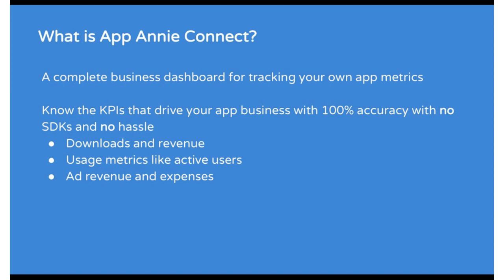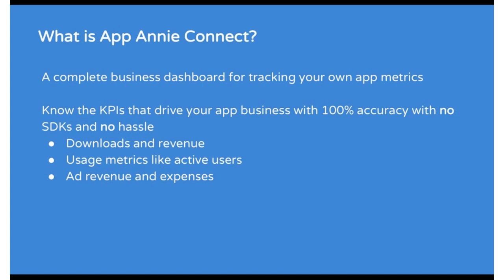Alright, so firstly, what is App Annie Connect? App Annie Connect is a tool that allows you to easily use dashboards for tracking your own app's metrics. This in turn helps you understand KPIs that drive your app business. App Annie Connect can be set up with no SDKs and provides 100% accuracy, meaning there is no hassle at all in getting set up.